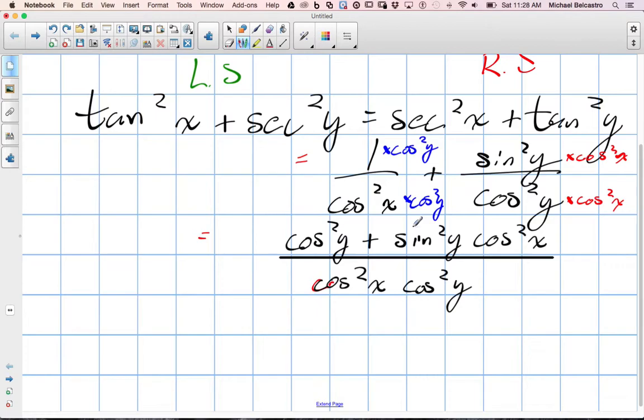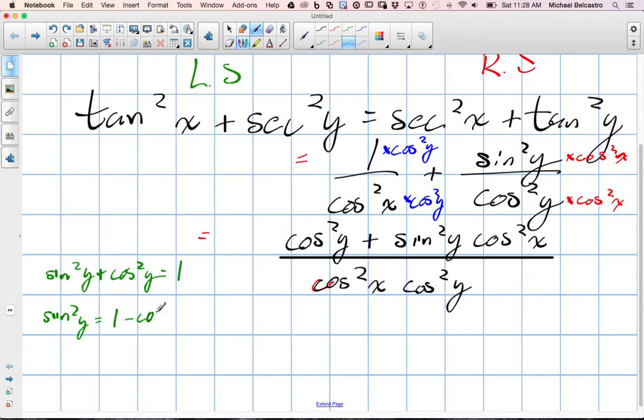What I'm going to do instead is convert my sine squared y using a Pythagorean identity. The Pythagorean identity being that, right here in green, sine squared y plus cos squared y equals 1, which means sine squared y is equal to 1 minus cos squared y. So I'm going to make everything in the form of cos.